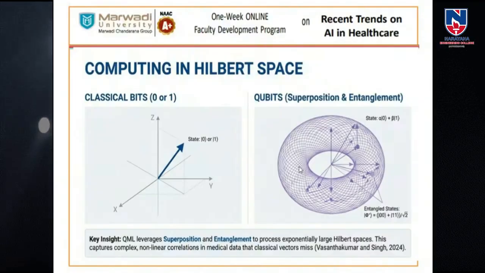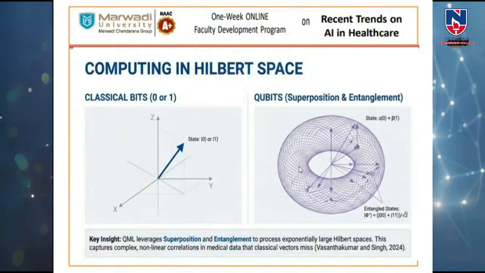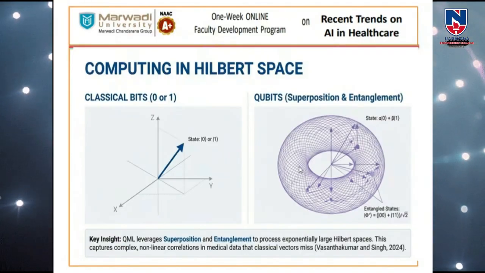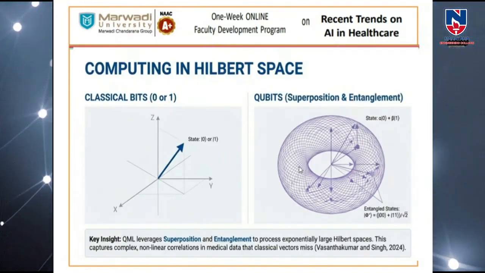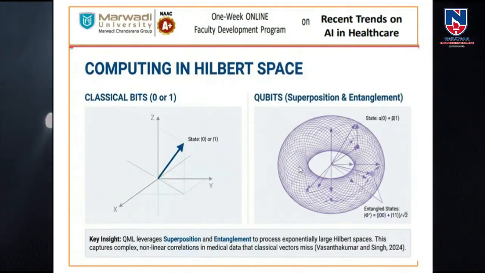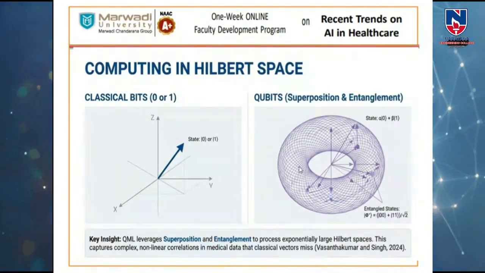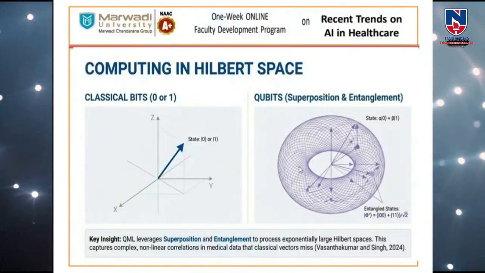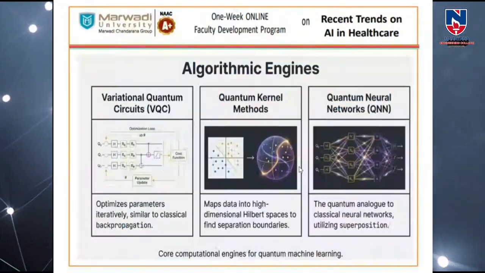This lets it capture complex nonlinear correlations in medical data that classical vectors miss. That's the advantage you get if you represent structured data in a Hilbert space.